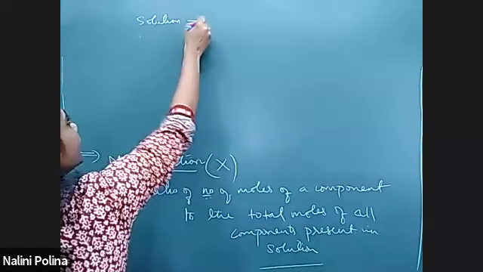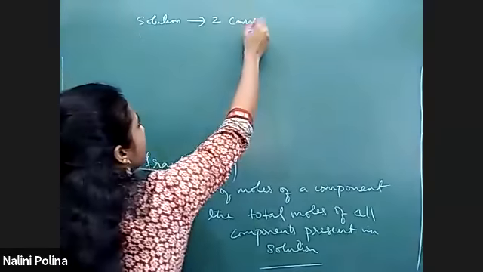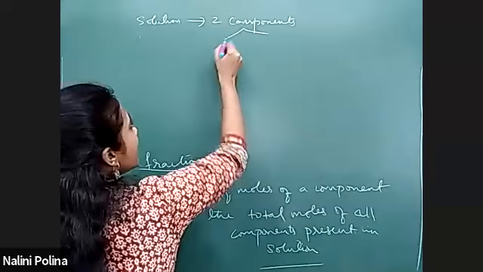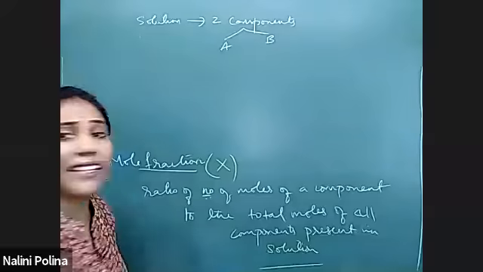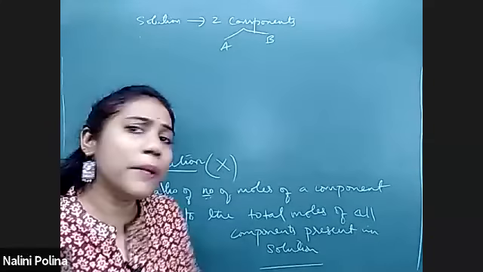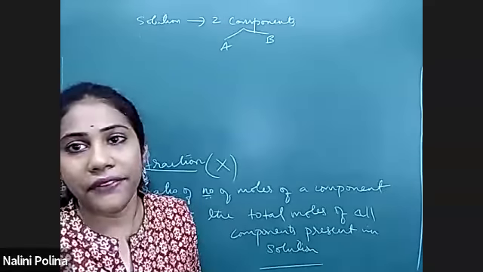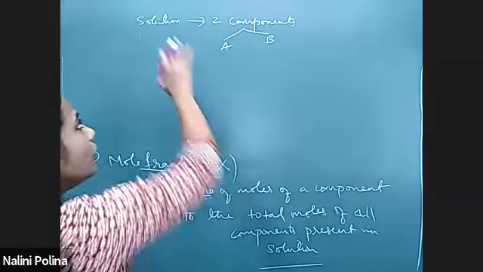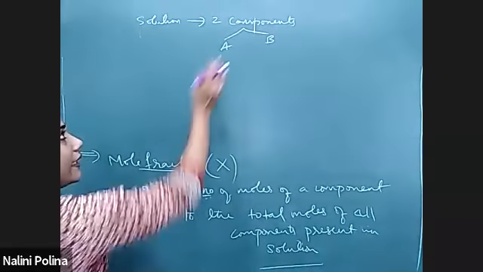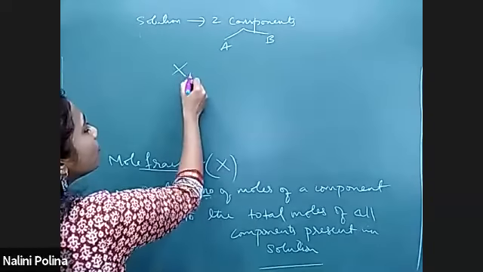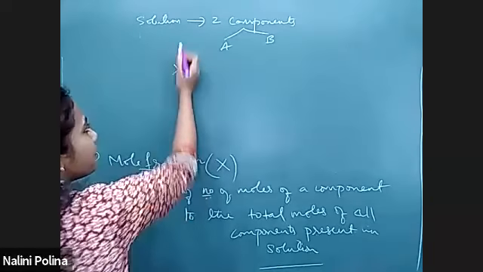Here let me take a solution which has got two components. Let me call those two components A component and B component. Here A could be the solute or B could be the solute. If one is the solute, the other would be the solvent, right? So a solution where two components are there, A component and B component. If I want to find out the mole fraction of A, then we can use the formula.